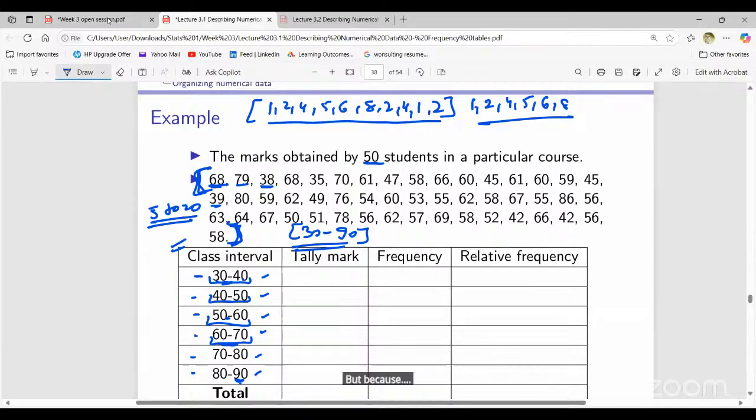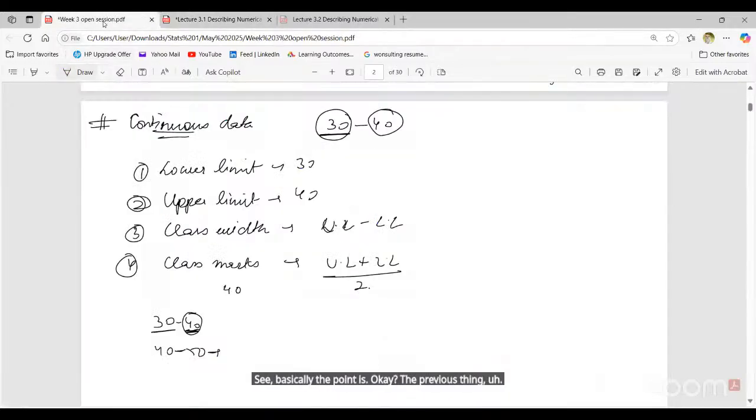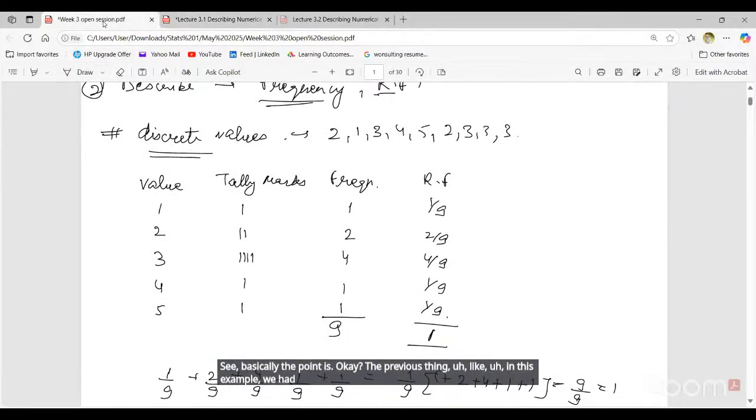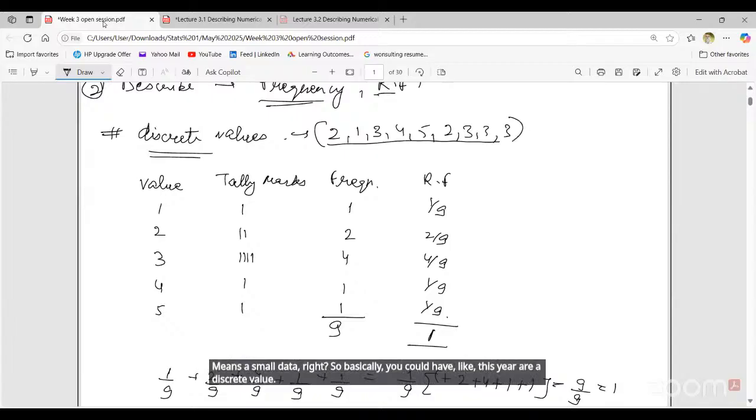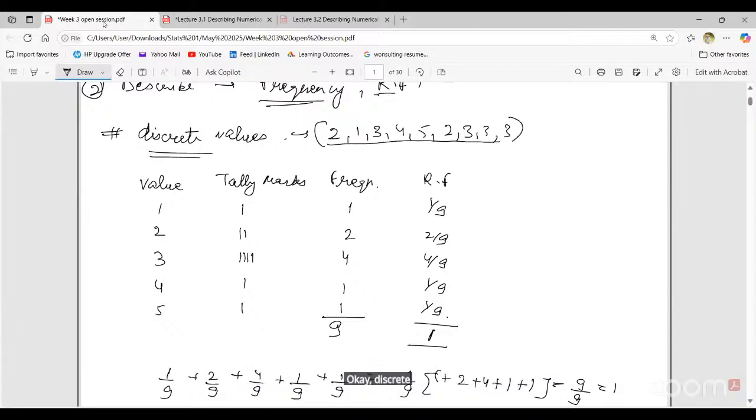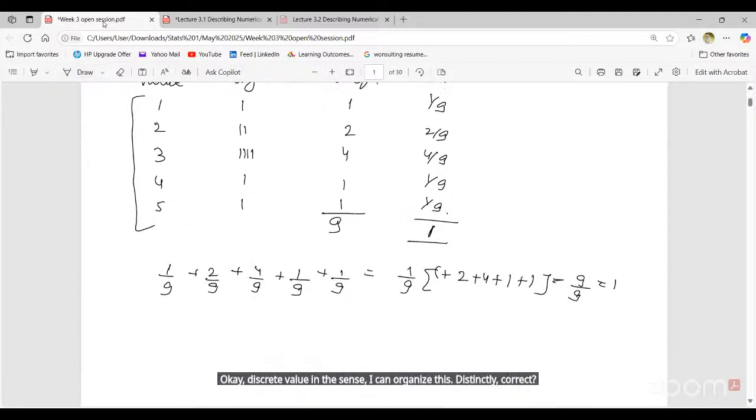See, basically the point is, in the previous example, we had a small data, right? So basically we could have these as my discrete values. Discrete value in the sense I can organize this distinctly. And what do you mean by continuous data?